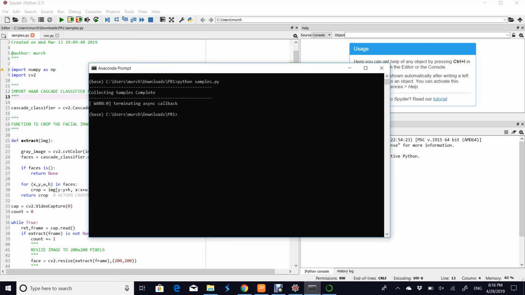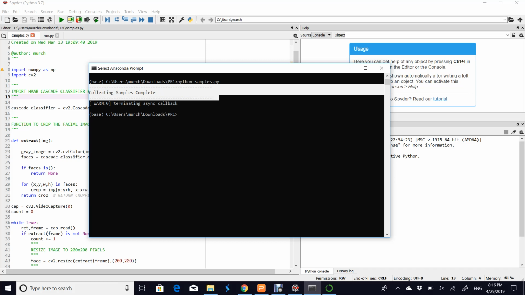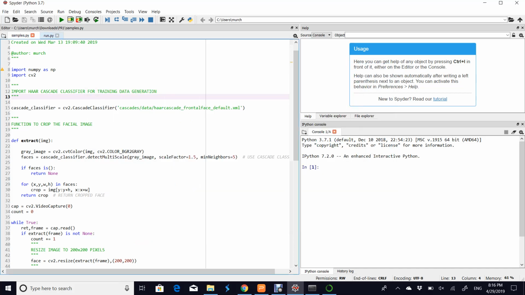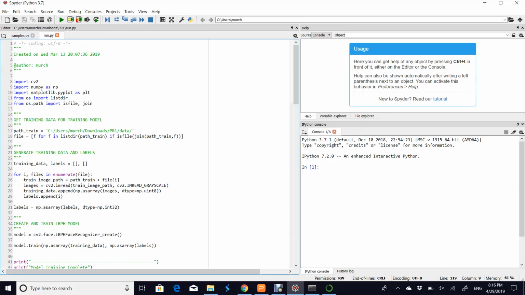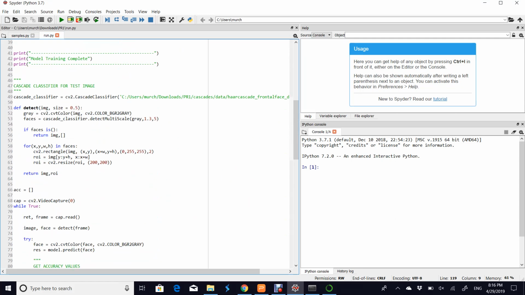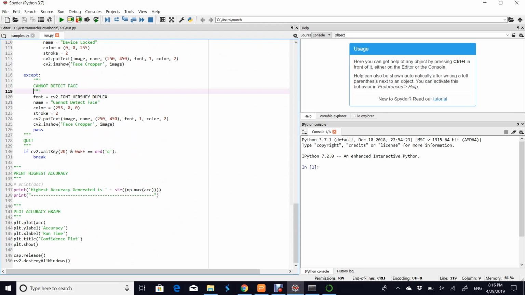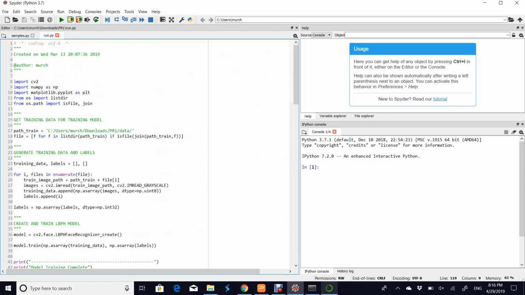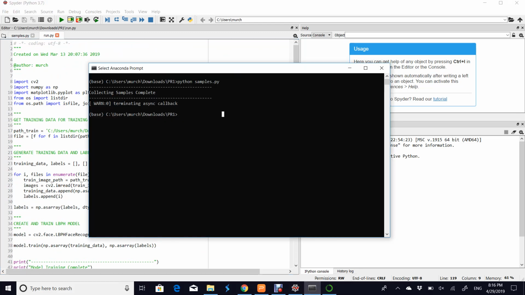And you can see that collecting samples is now complete. So for the next part, we are going to train the model, generate the training data and the training labels, and train our classifier over it. Here is where we will be doing the testing as well. So let's do that.